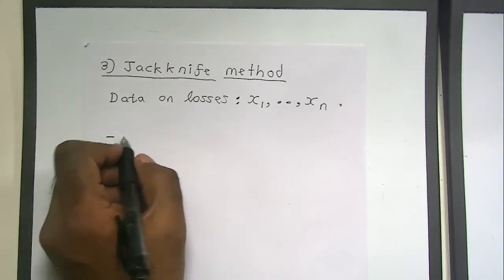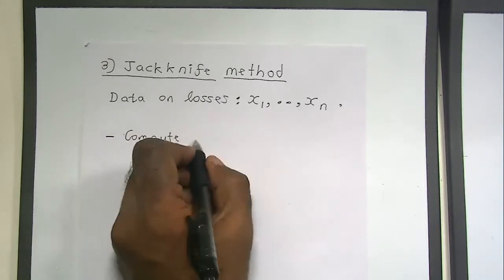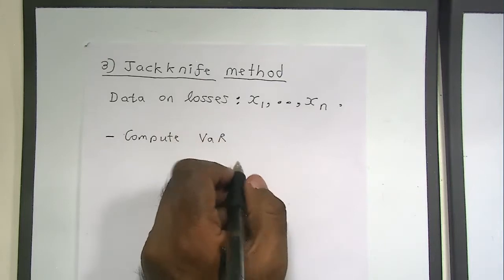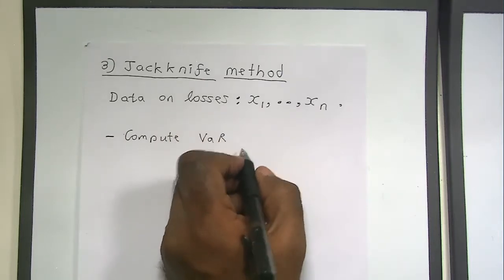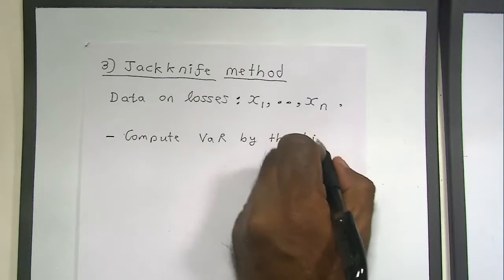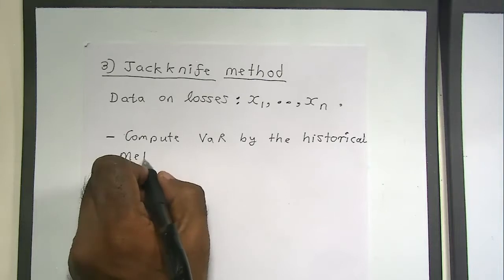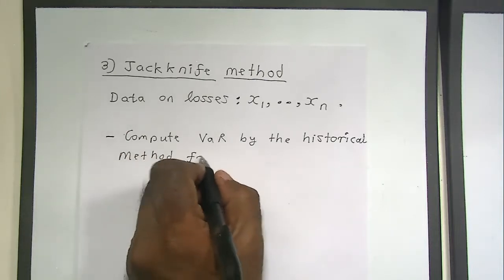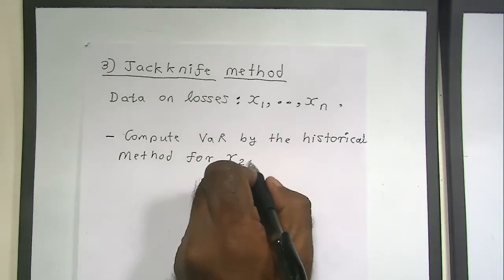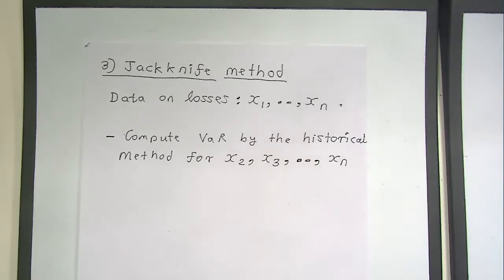The first step is to compute the value at risk by the historical method for the data from x2 to xn.